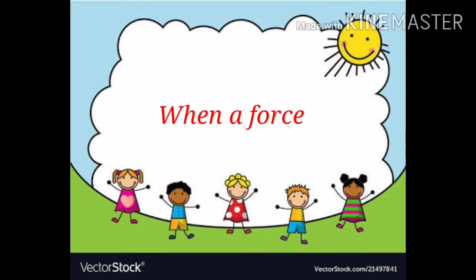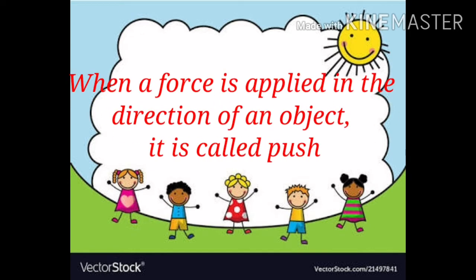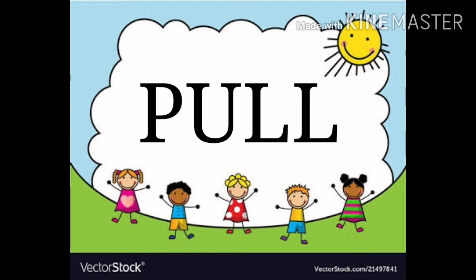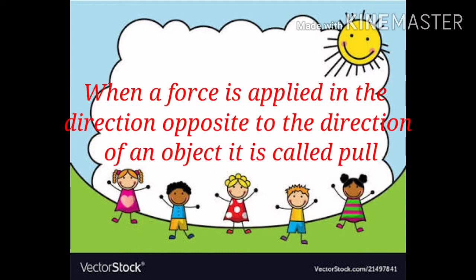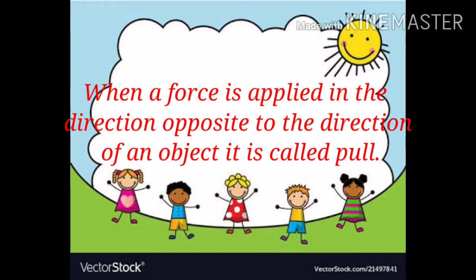Push. When a force is applied in the direction of an object, it is called push. Pull. When a force is applied in the direction opposite to the direction of an object, it is called pull.